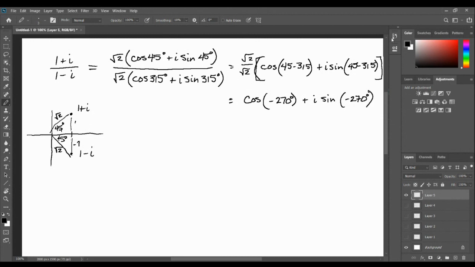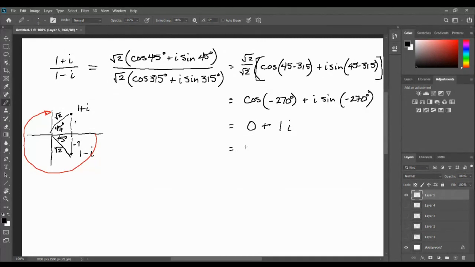-270, starting here and rotating through -270, that brings me up to right there, which I often think of as 90 degrees. Cosine of -270 is 0. Sine of -270 is 1.